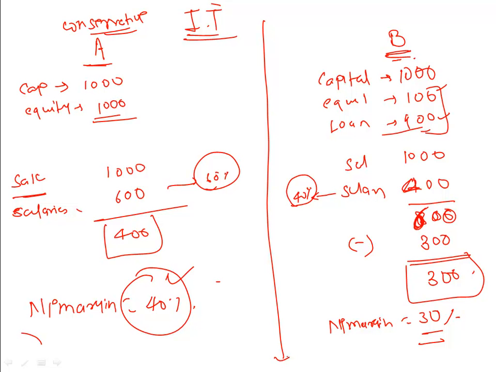So this number that we have here, 600, is called the operating profit of the business. And why operating profit? Because the next cost that we have, this 300, which was the interest cost, is called a non-operating expense.